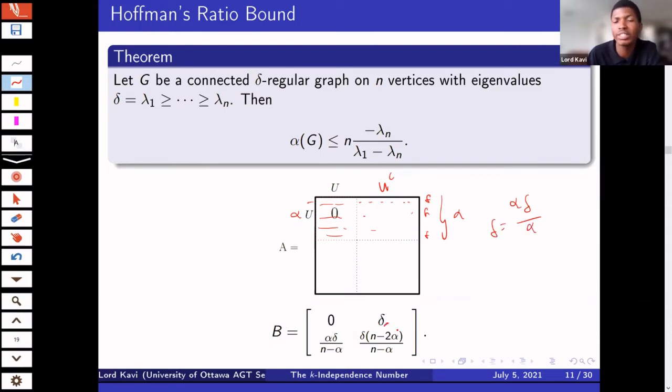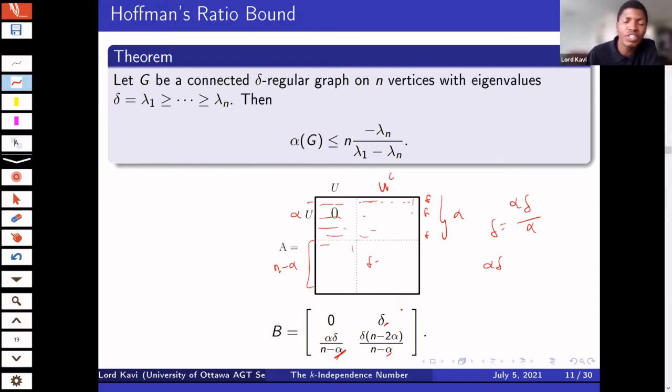This block is the transpose of the other block, so the total number of edges here is also alpha delta. But the number of rows here is different, it is n minus alpha. Since each row sums to delta, we deduct this from delta, and we obtain this.